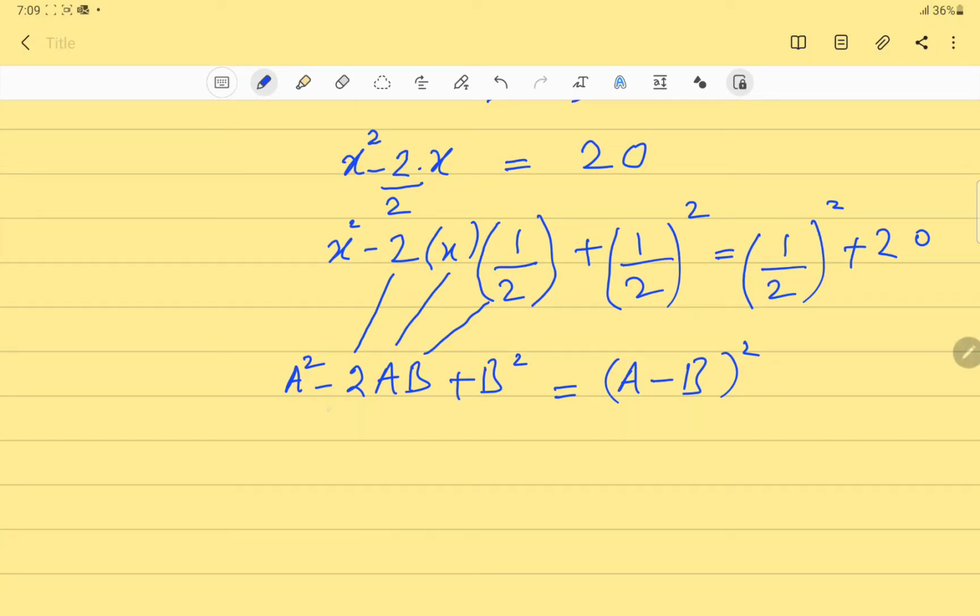Now since a squared minus 2ab plus b squared is the complete square of a minus b, and the expression we have constructed is on the same basis, the complete square of this expression will be x minus 1 over 2 whole squared.